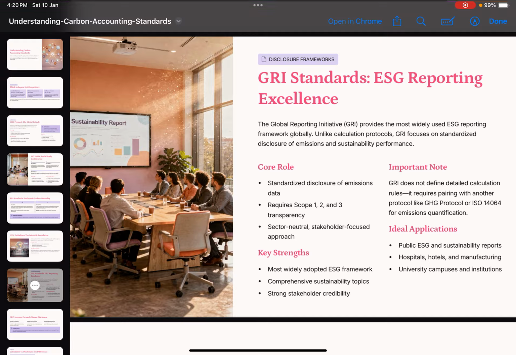GRI standards are widely used for reporting and writing sustainability reports for the public sector and industries like hospitals, hotels and manufacturing, as well as for university campuses and institutions. We'll continue with this discussion in the next class.